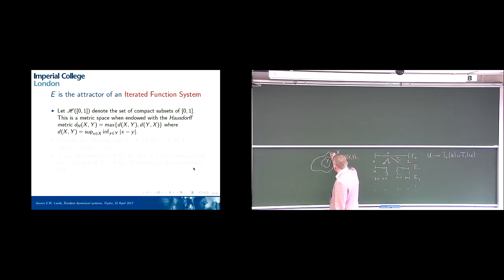So take a point x, and let's look at the closest point. Then I have a certain distance, that's the usual Euclidean distance. And then I look at the supremum over all points x in the set X. Right, so here, in this case, it is positive. It's some kind of the largest distance, probably something like this.